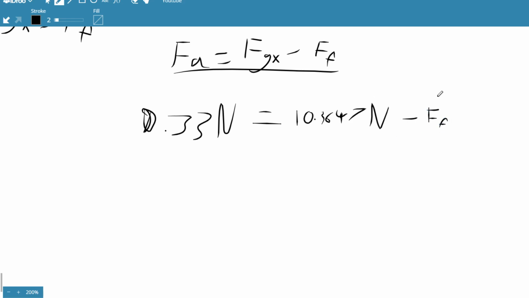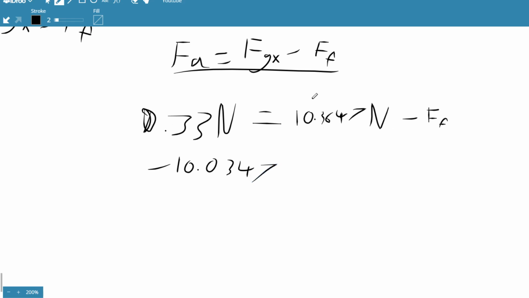Now subtract both sides by 10.3647. 0.33 minus answer, negative 10.0347.